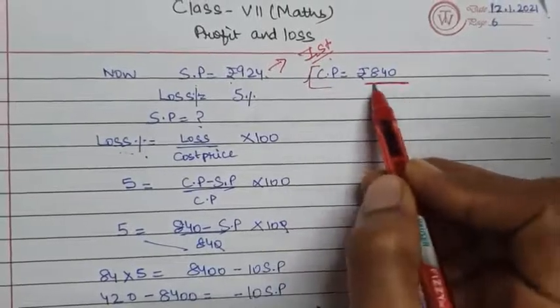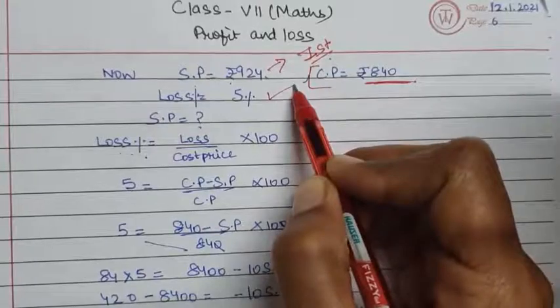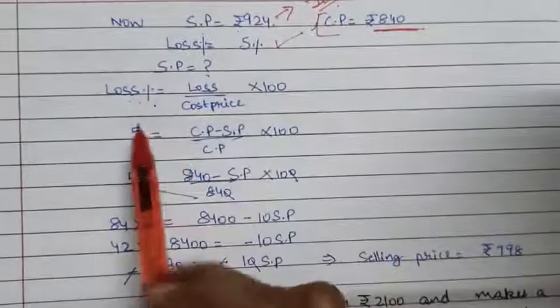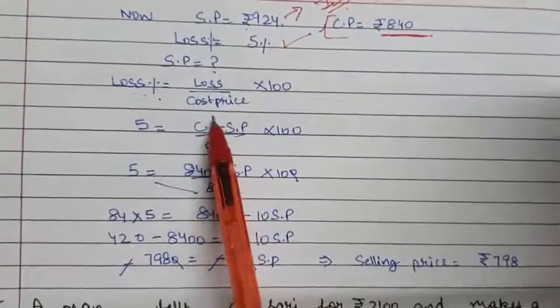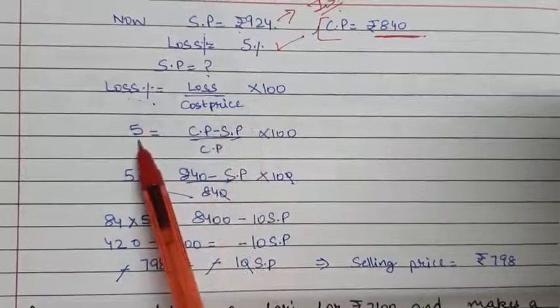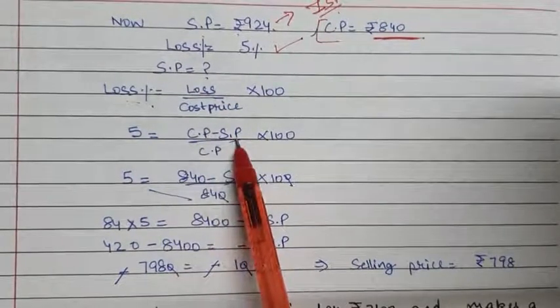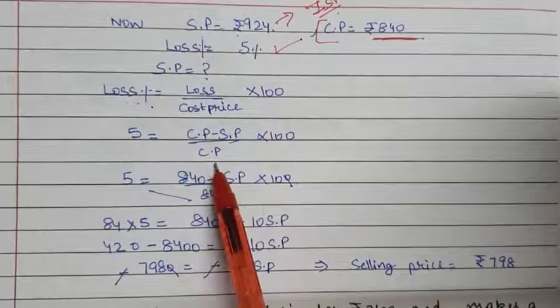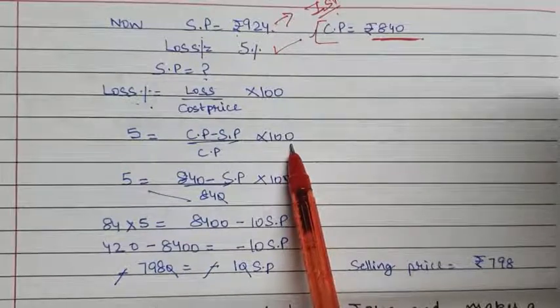Cost price is 840. Loss percent is given to you. So we will apply the formula for loss percent, that is loss upon cost price multiply 100. This is 5. Loss is cost price minus selling price, upon cost price, multiply 100. In the first part also we did the same method.